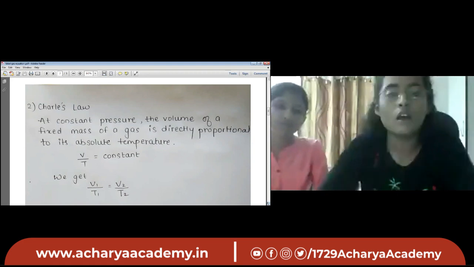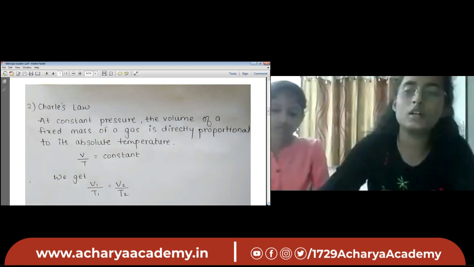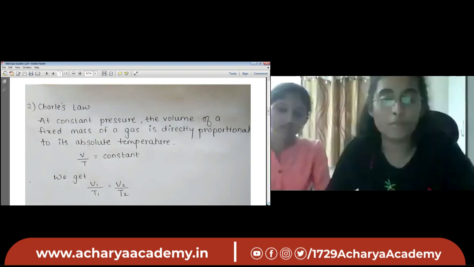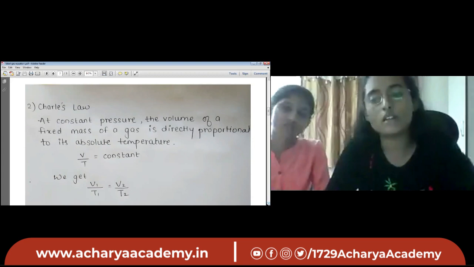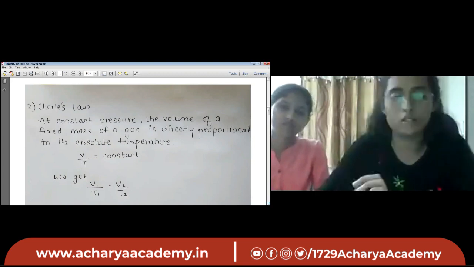So volume is directly proportional to the absolute temperature, under the standard conditions the scientist used to consider. So we get V upon T equals a constant.